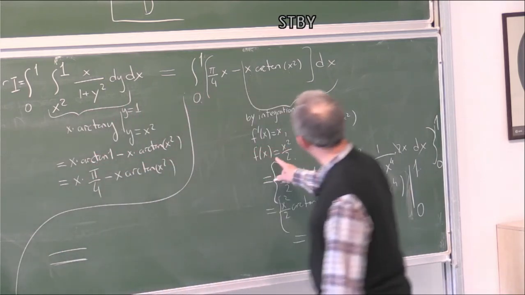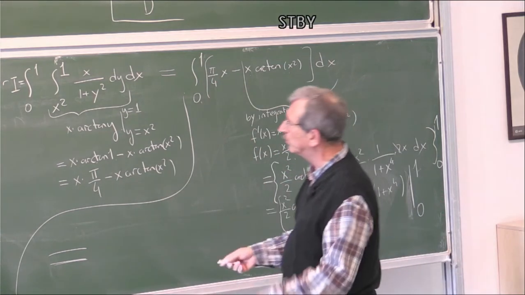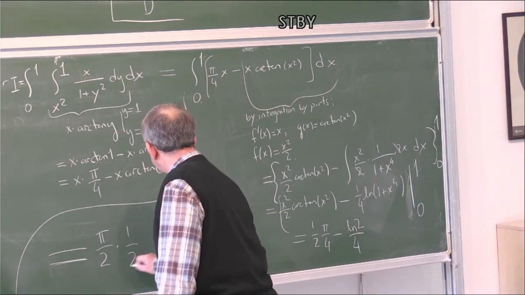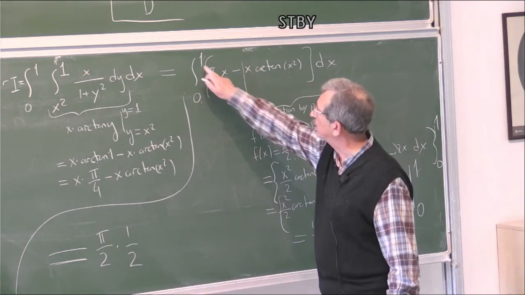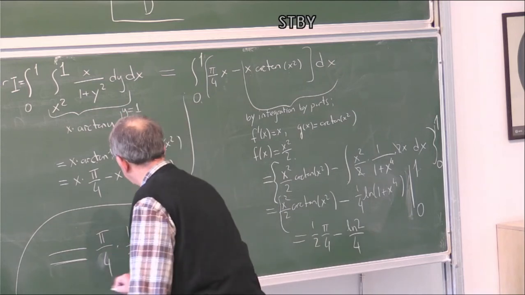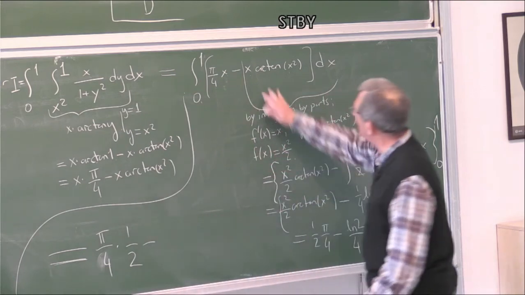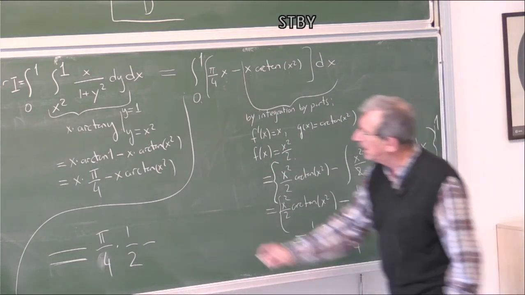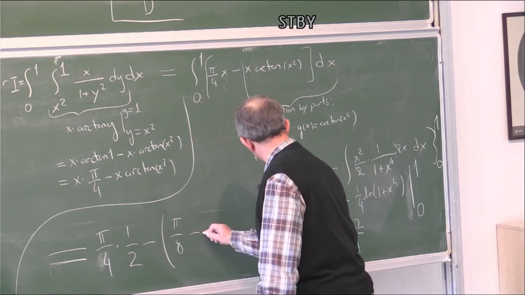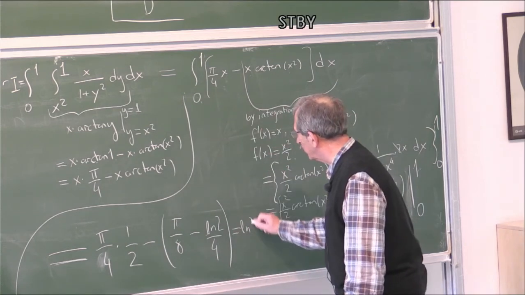this becomes then pi over 4 times x squared over 2 from 0 to 1. That is pi over 2 times 1/2, x squared over 2 gives you pi over 4, sorry, times 1 over 2 minus, now the inside part was this, so it is pi over 8 minus logarithm 2 over 4, which is, of course, logarithm 2 over 4.